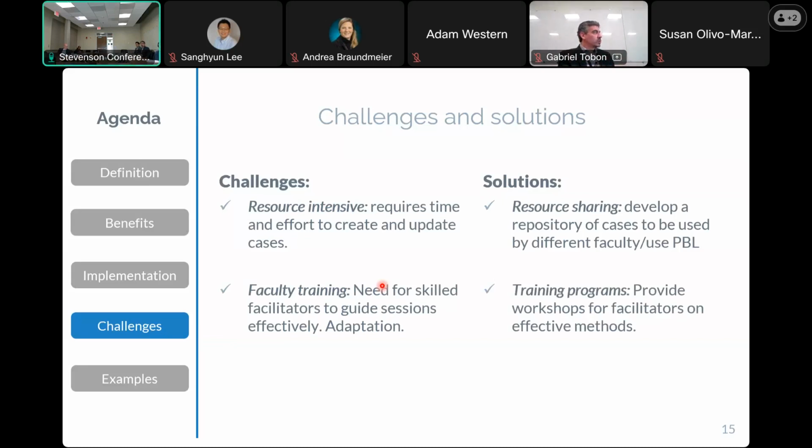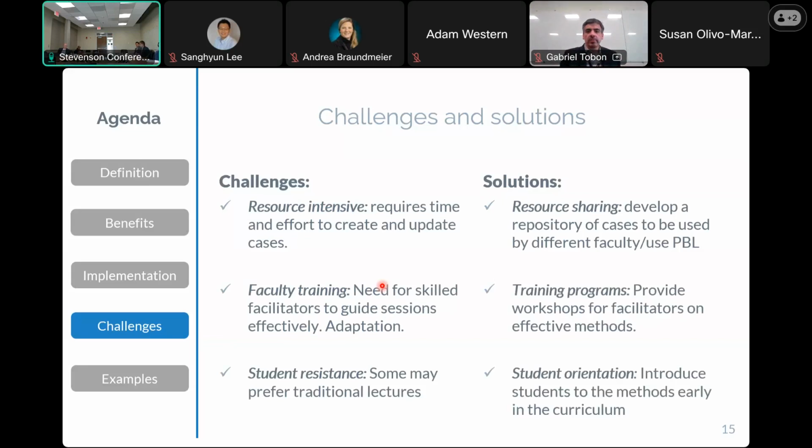We can train the faculty with workshops or facilitate the knowledge. And some students may prefer traditional lectures, and that's a challenge. But we can introduce the students to the methods early in the curriculum, and we can provide explanations why it's important to participate.